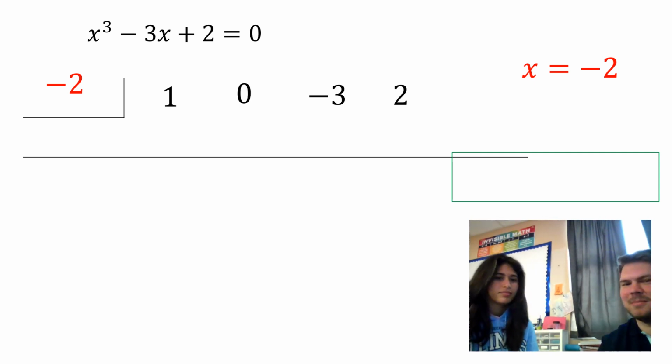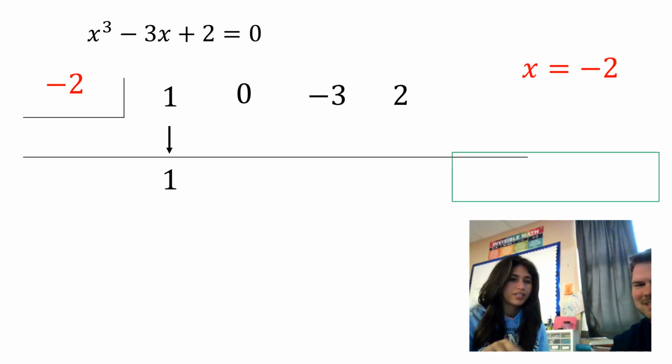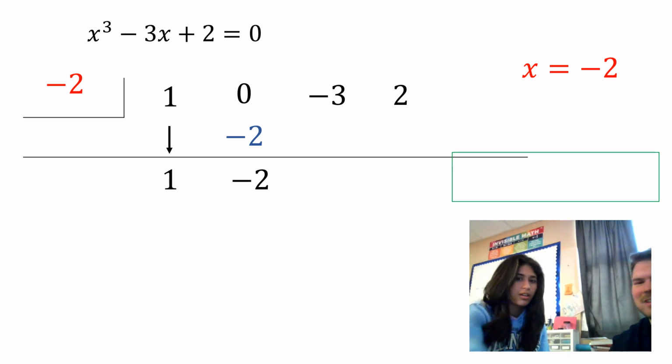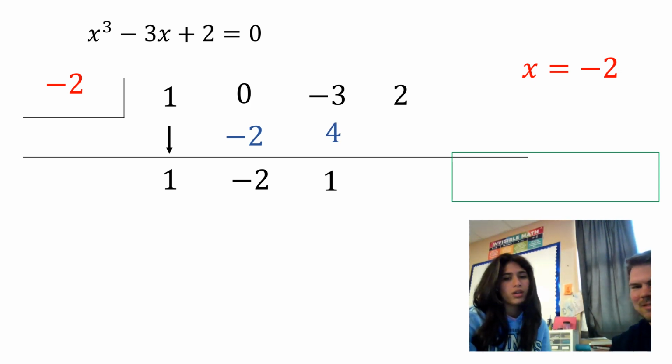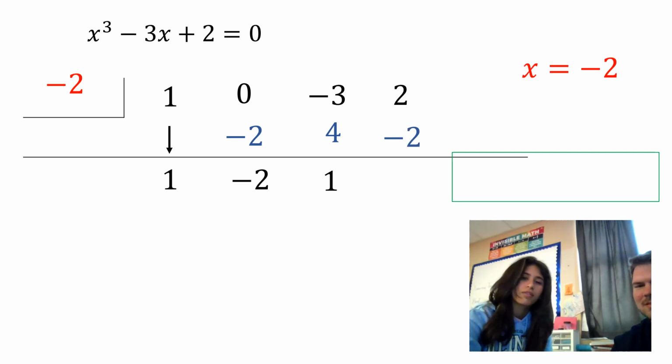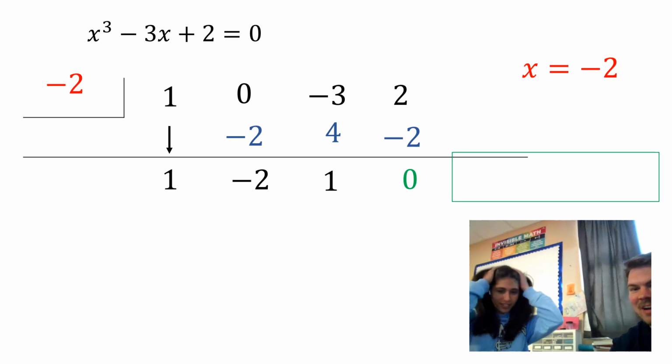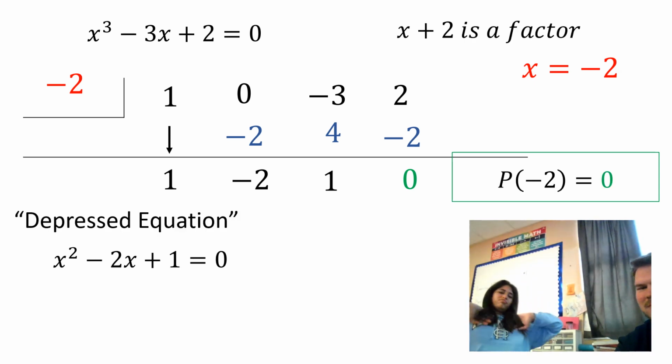Okay, so we're going to bring down the 1. 1, so -2, 0. -2 times -2. Positive. Then 1. Negative. 0. And now all we have to do is the x method.